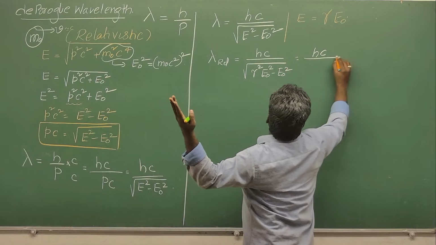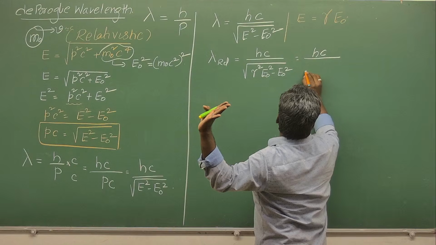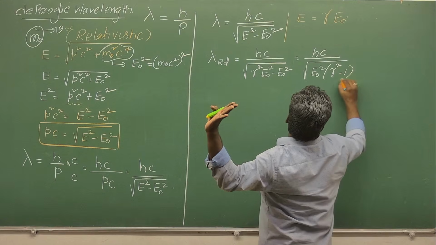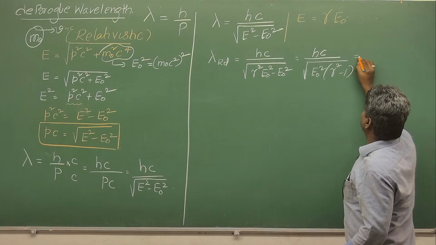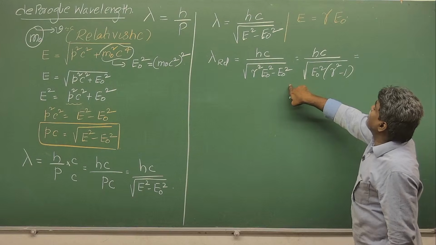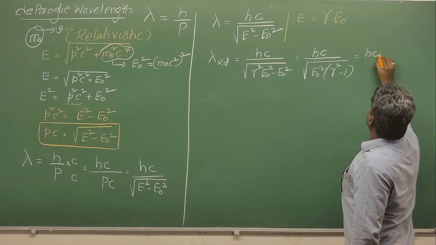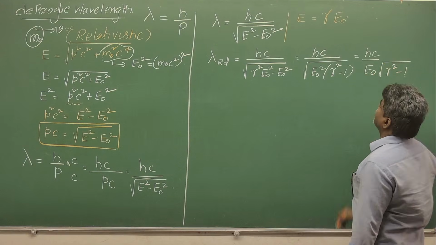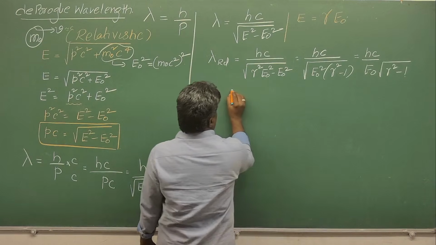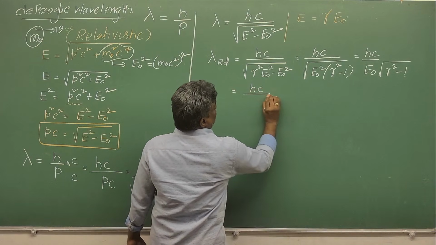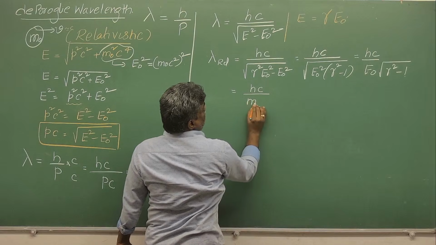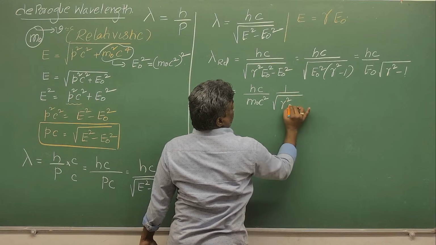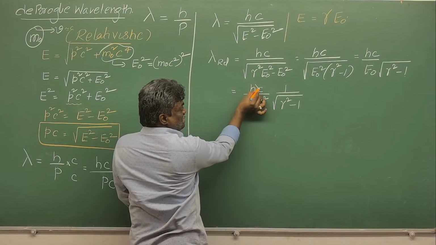I am taking E0 square common, gamma square minus 1. Now shall I bring this E0 square outside? hc by E0 times the square root of gamma square minus 1. Now hc over the rest mass energy into 1 by the square root of gamma square minus 1.